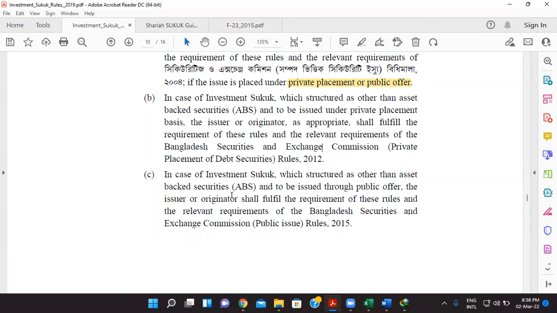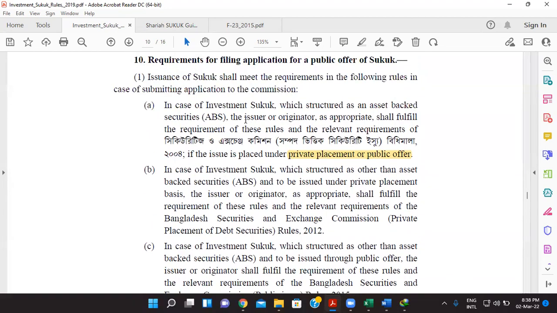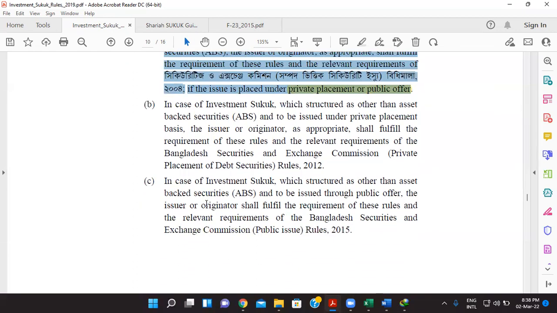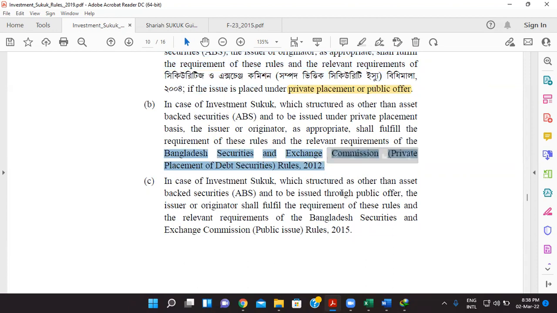Okay. So in case of investment Sukuk, which is structured as other than asset-backed security and to be issued through public offer, so you see, similar point, other than asset-backed security. If it is asset-backed security, in that case, this point is applicable. But if it is not asset-backed, other than asset-backed, if it is privately placed, in that case, you have to follow this. But if it is publicly placed, you plan to issue it publicly, you have to follow this: Bangladesh Securities Exchange Commission Public Issue Rules 2015.